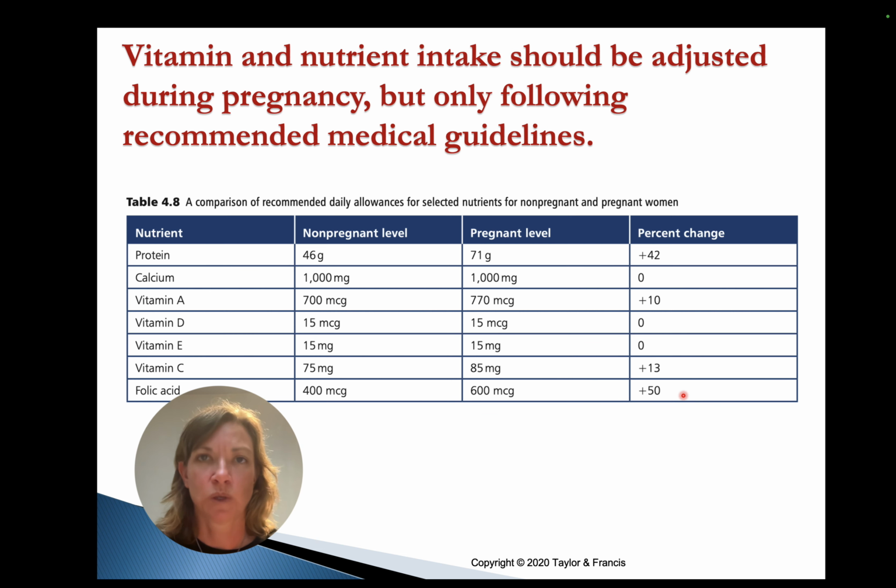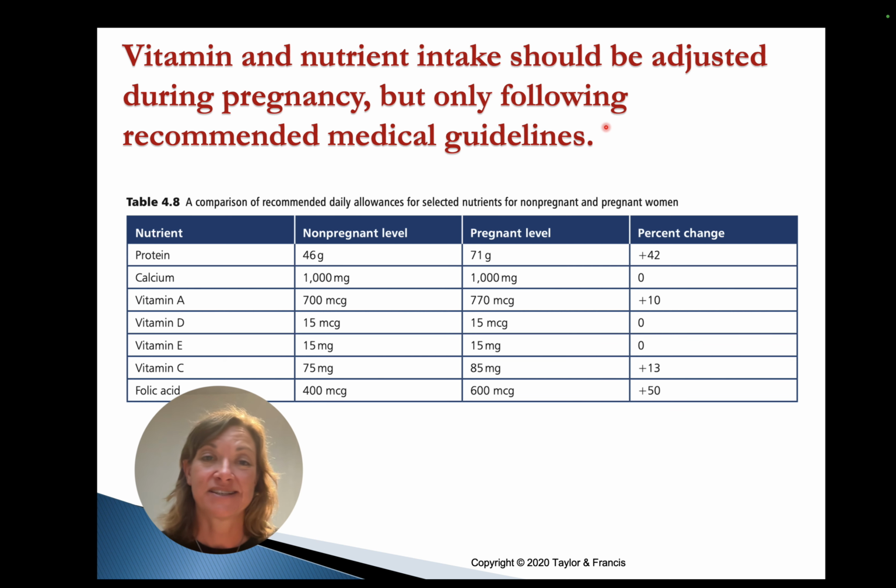A big one is folic acid. Prenatal vitamins contain folic acid to prevent neural tube defects like spina bifida, and so that's a big one. What's really critical, though, is you want to do this following recommended medical guidelines. Supplements and herbs and all kinds of things that are marketed ad nauseam to pregnant women are not necessarily beneficial.